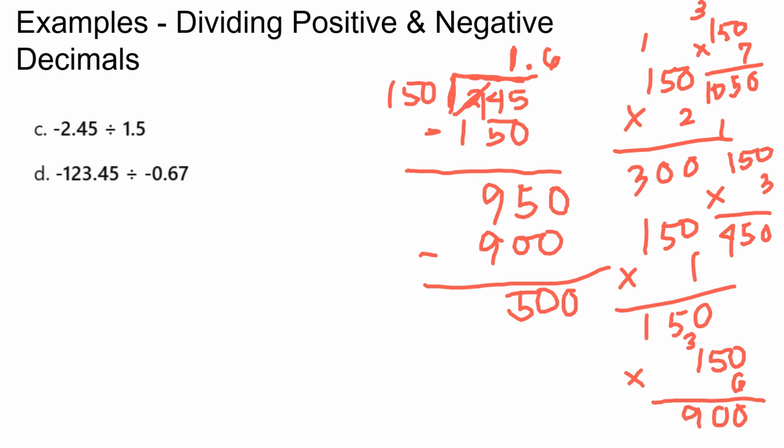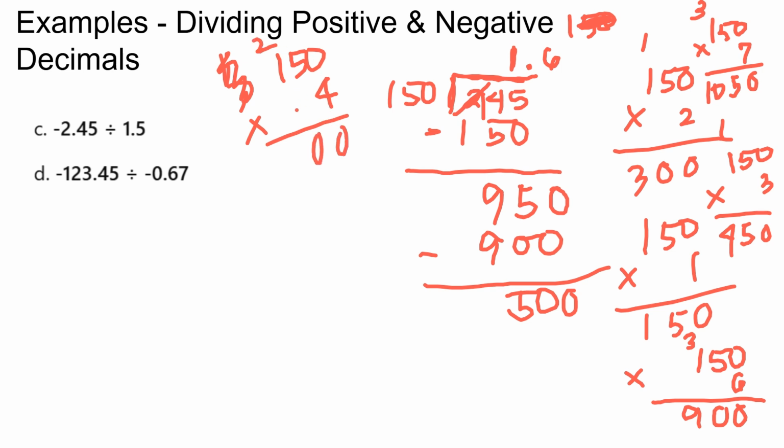What if we multiply 150 by 4, by estimated multiplication? Let's do it. That will be 0, 0, carry 2, so 600.